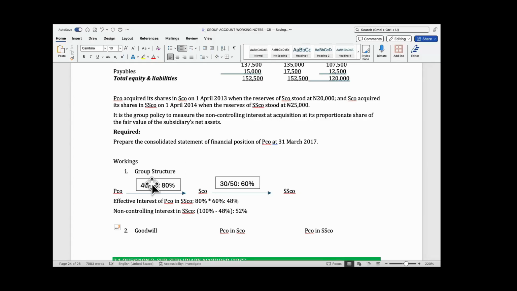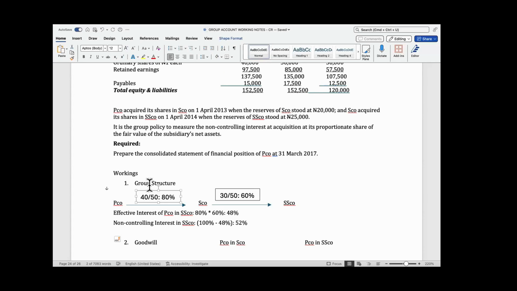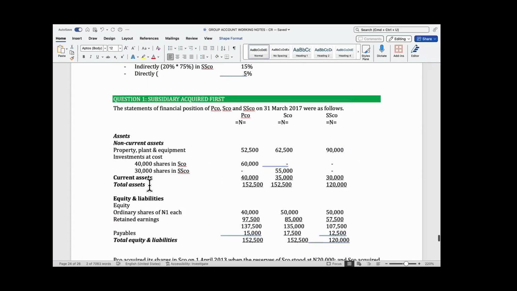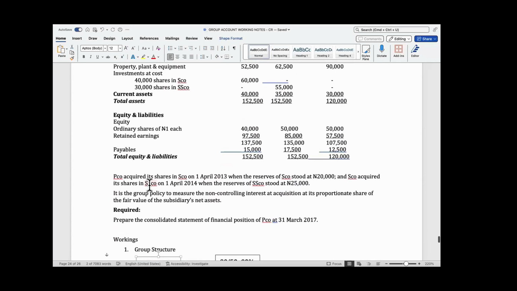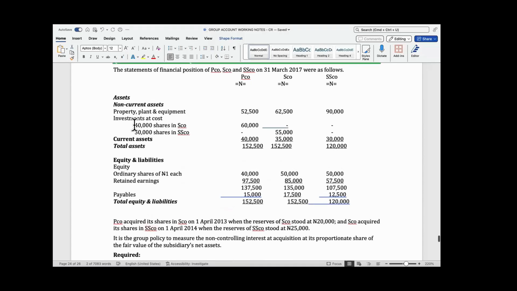Somebody is asking, where did I find 40/50? I was trying to determine the holding of the parent in ESCO. The question didn't give me that directly, but I can see that the parent acquired 40,000 shares in ESCO, and ESCO has 50,000 shares.